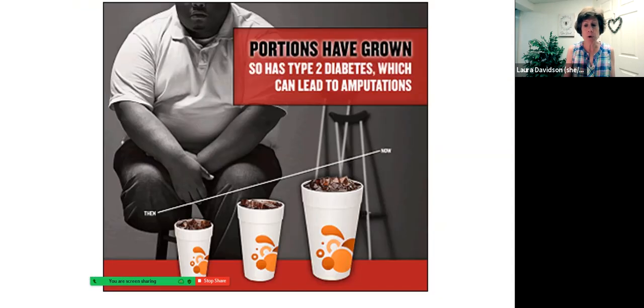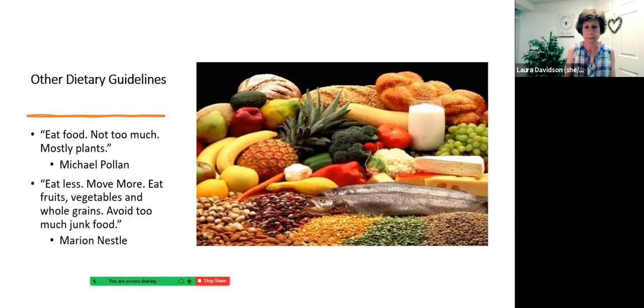So it's a very difficult food environment, and that difficult food environment leads to health problems. This was a hard-hitting campaign by the New York City Public Health Department to remind people that portions of these less healthy foods are taking a toll on our health.